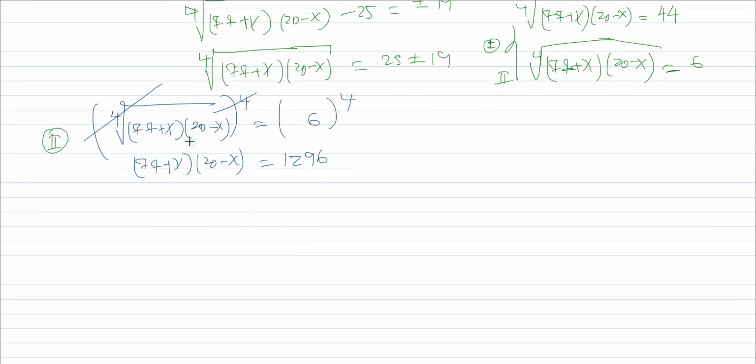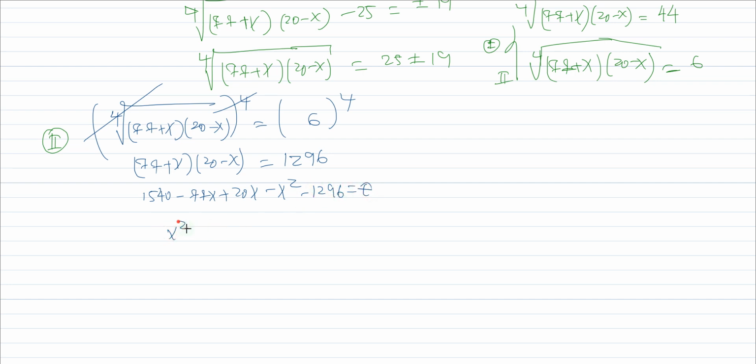Okay, and solving this product, guys, we're going to have 1540, and then minus 77x plus 20x minus x squared, minus 1296 equals 0.